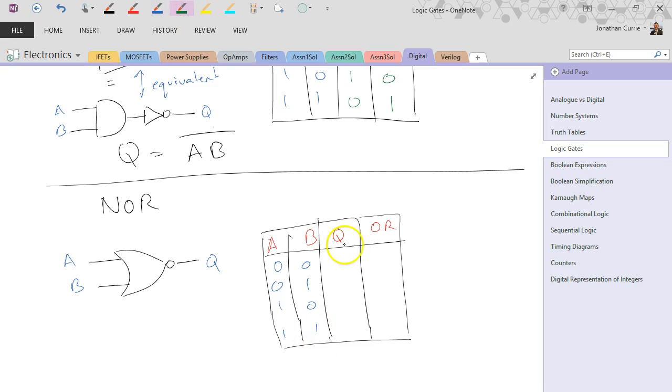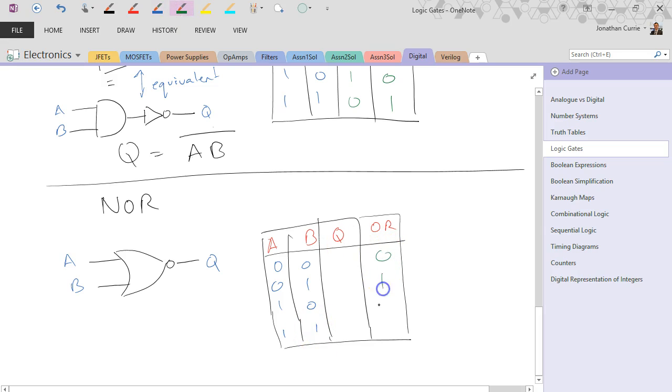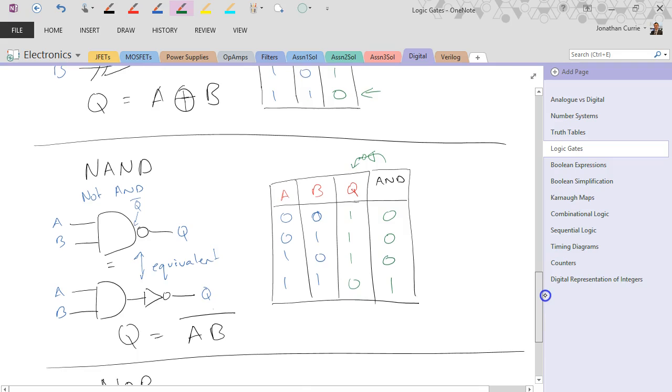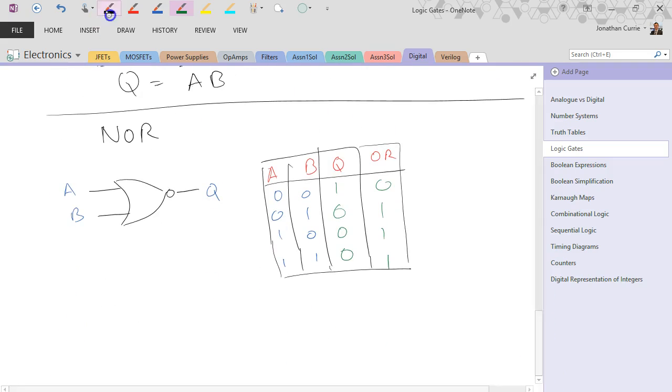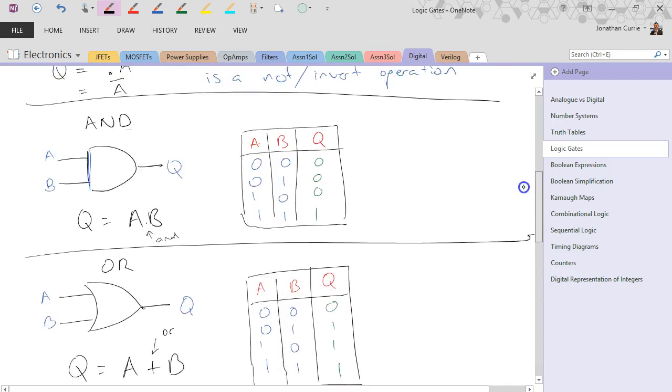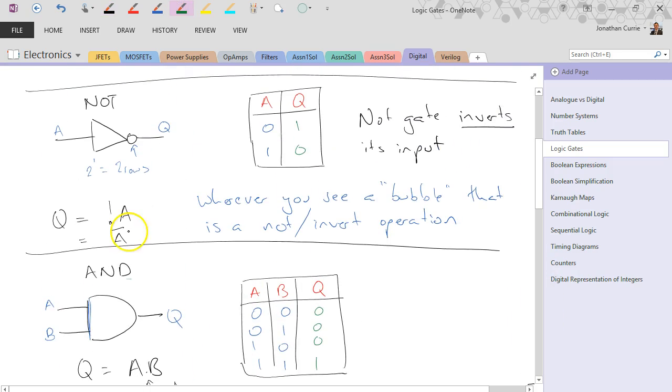So if it was an OR gate, 0, 1, 1, 1. Being a NOR gate, it is 1, 0, 0, 0. Just the opposite of a normal OR gate because of that inverting output. And so we get Q equals A or B, not. And that's what that bar above means. Probably should have highlighted that. So the bar up here means to invert.